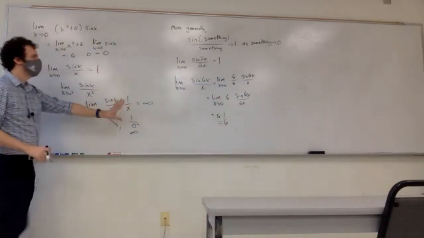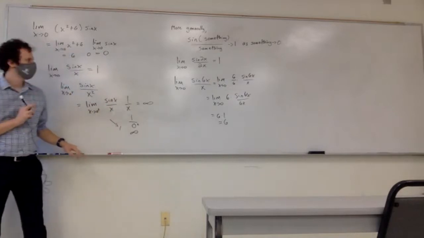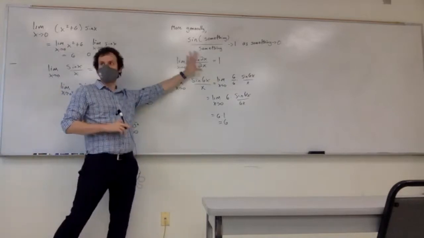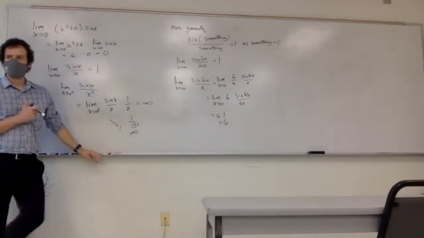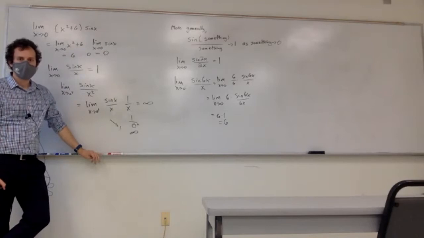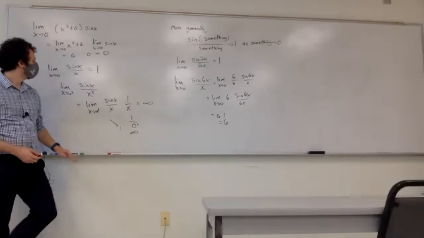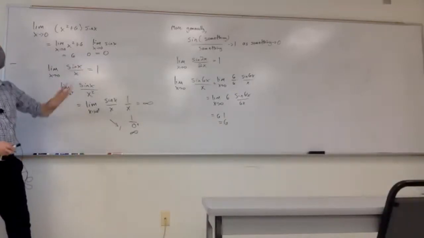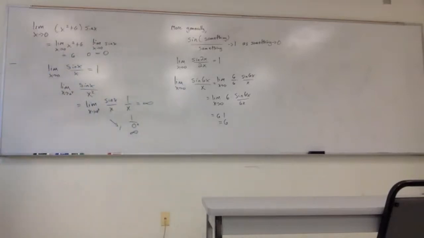Questions about any of these kinds of limits? Because especially this one is the newest thing. Okay. So then we can handle some trig limits, which is a good development.